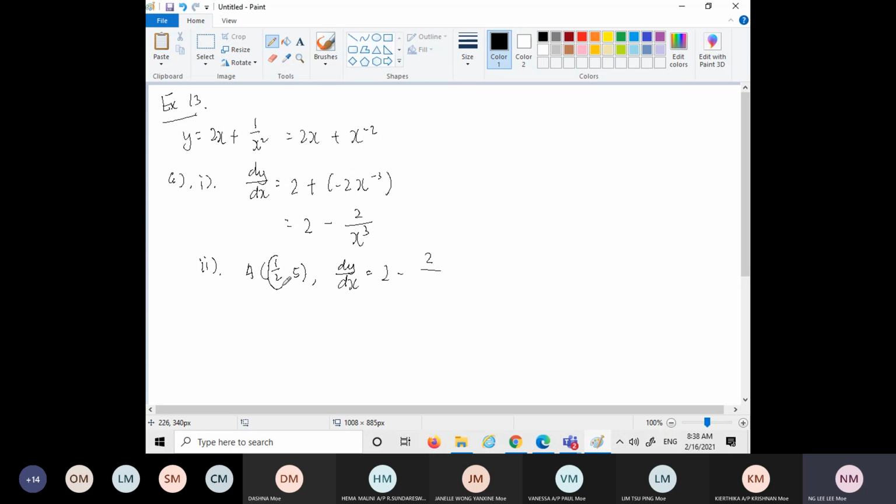So you replace the x with 1/2. You can press the calculator, and you will get -14.